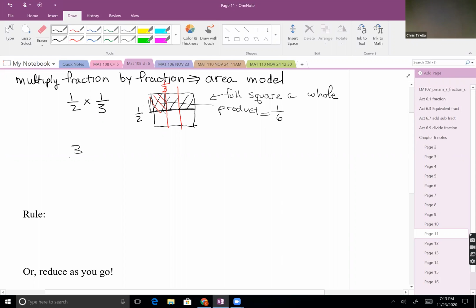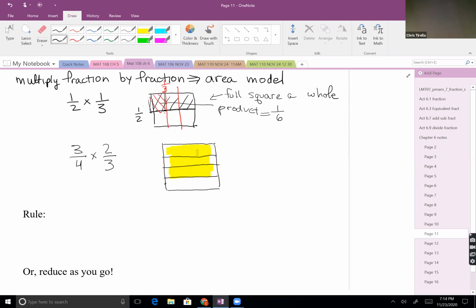Instead, if I wanted to show 3/4 times 2/3, again, I'll start with this unit square. And one side I divide into fourths. And so let me use my highlighter here.